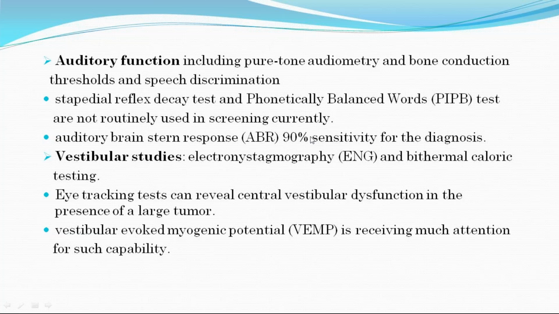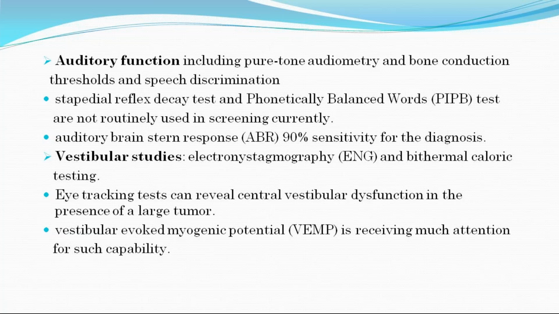Here you have to look out for wave 5. Increase in the latency of wave 5 or delayed peak of wave 5 is diagnostic of acoustic neuroma. And interaural latency is what we look for, particularly in case of acoustic neuroma.